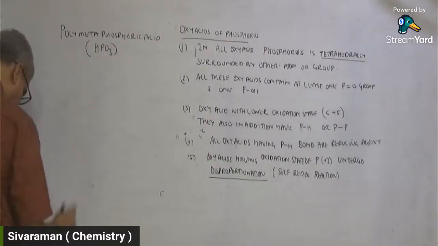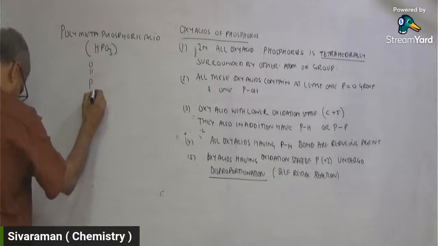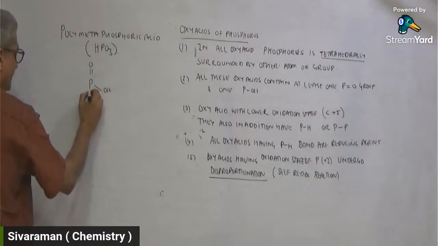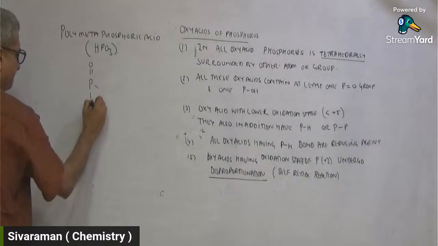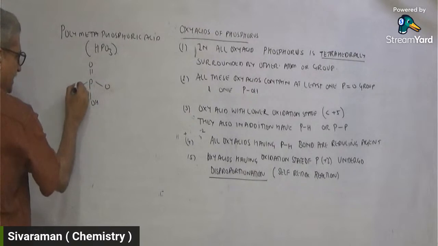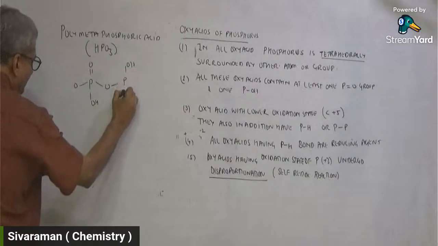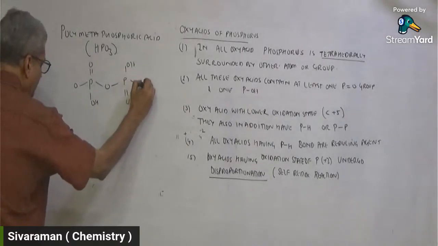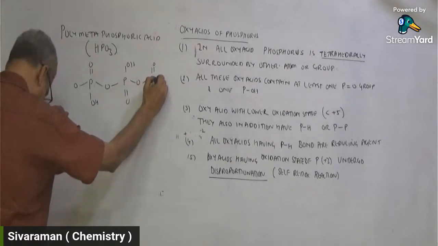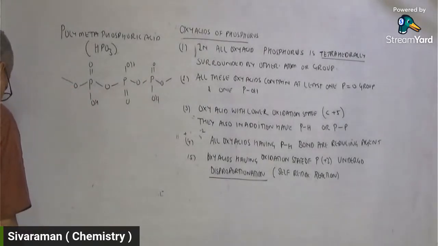Now, how many does it join? 1, 2, 3. So you have P double bond O, correct? OH, and then you have POH. Then this will have an oxygen linkage like this. Again, you will have POH over here, P double bond O, then oxygen linkage, then P double bond O, there will be OH over here and oxygen. So what are we knowing?